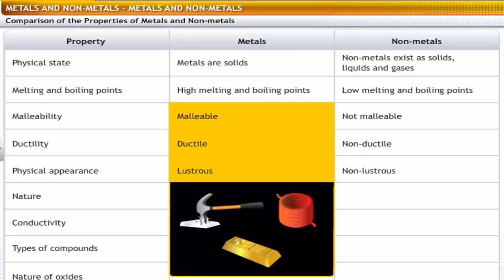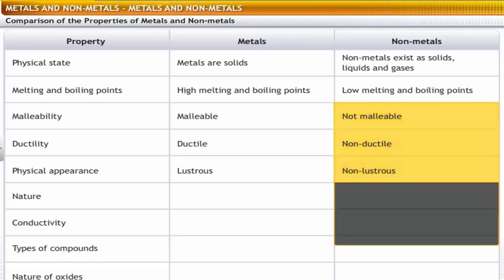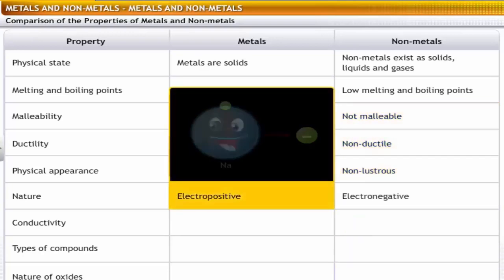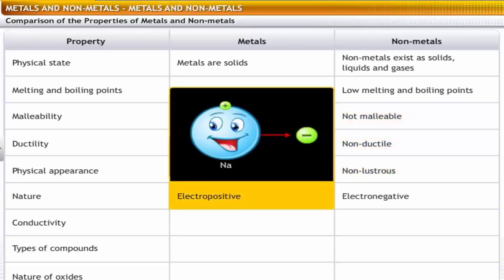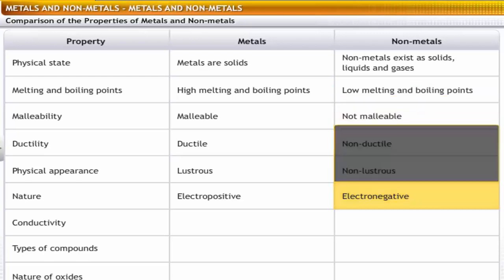Most metals are malleable, ductile, and lustrous, while non-metals are not. Metals are electropositive, that is, they tend to lose electrons, while non-metals are electronegative because of their tendency to accept electrons.